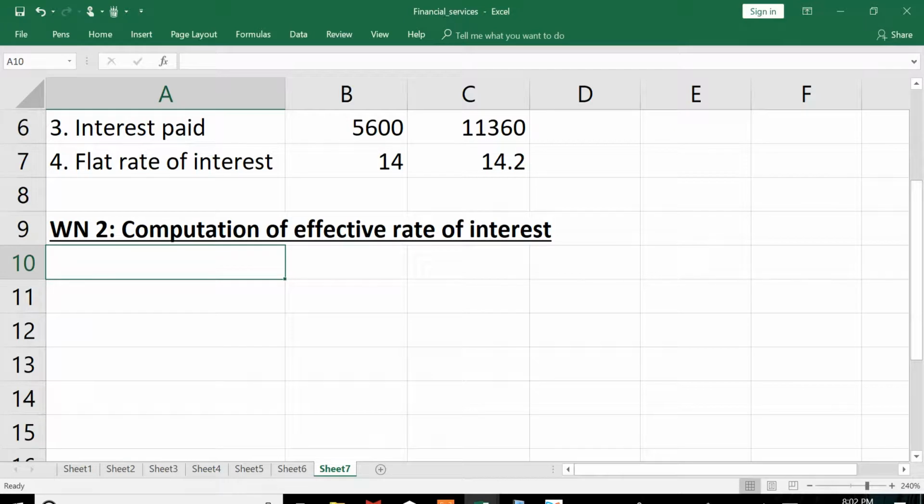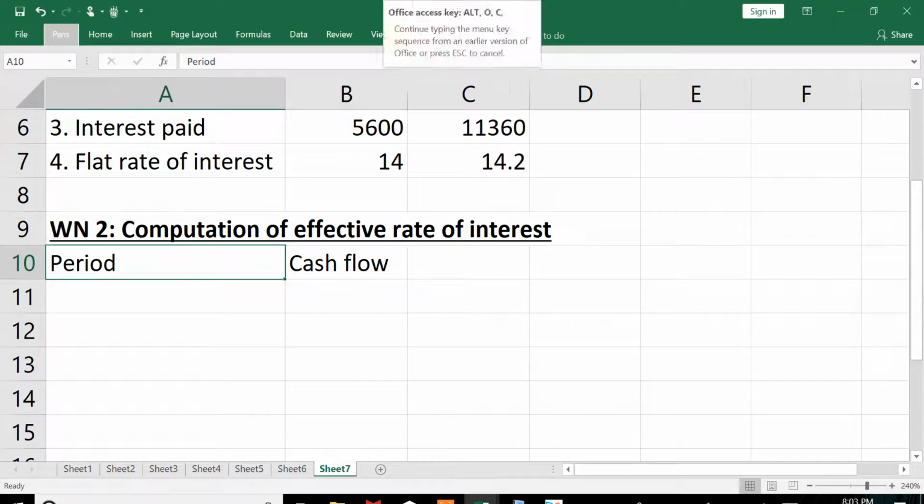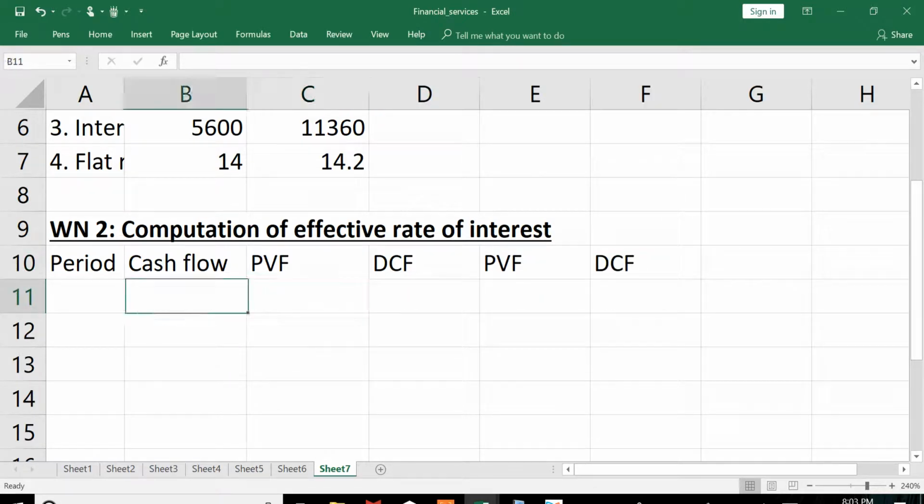You will need one positive, one negative NPV. All the numbers are below, so it's not going to be a long calculation. Period, cash flow, PVF, DCF, again PVF, DCF.